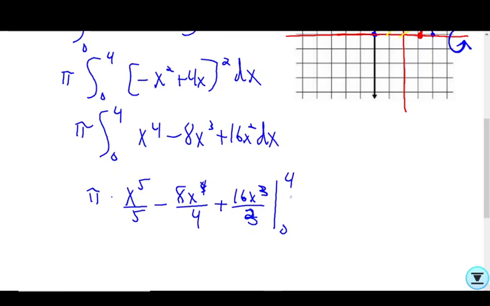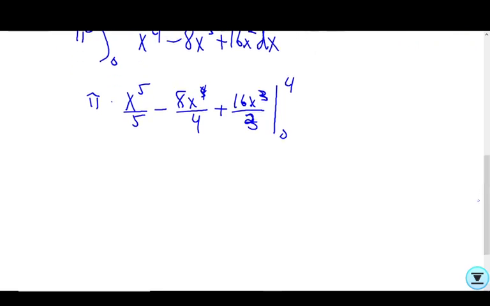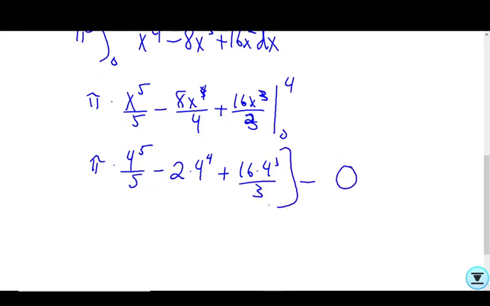And now it's just plugging in. Now, we have pi times 4^5 over 5 minus 2 times 4^4 plus 16 times 4^3 over 3, and then the other side will be 0, like that.